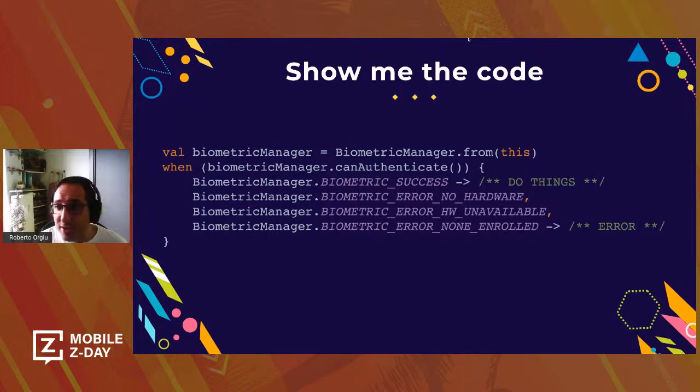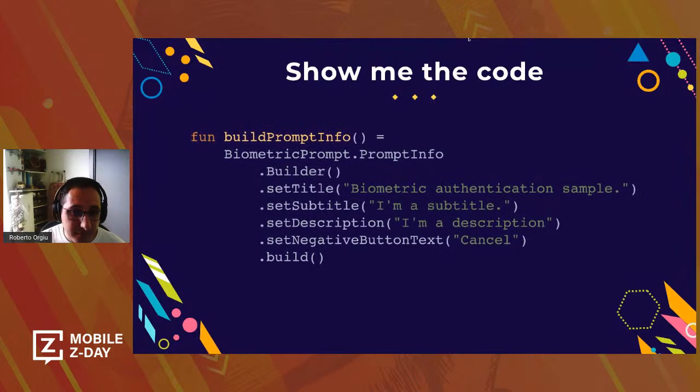The next step will be to build the prompt information. And we do that with the builder. This is what the users will see right there. And well, we can basically only set very few things. That is the title, the subtitle, and the description. And the important part is that we can set a negative button or the possibility to log in using credentials.